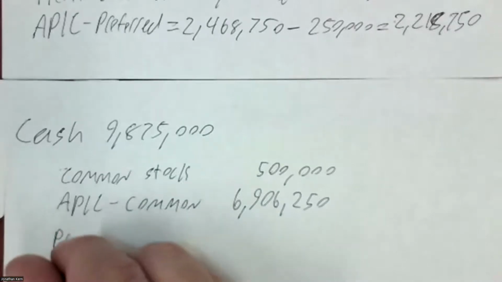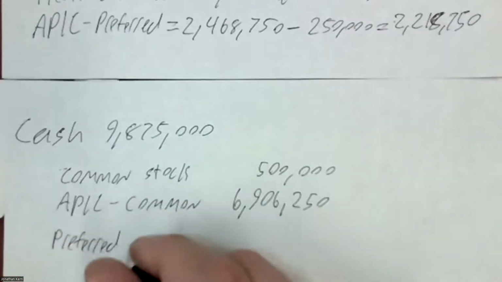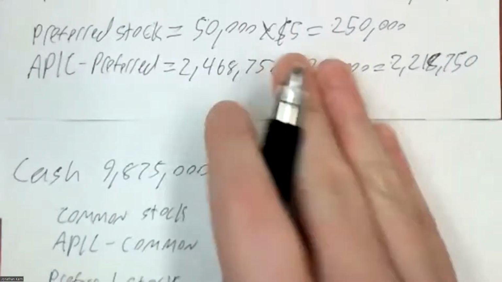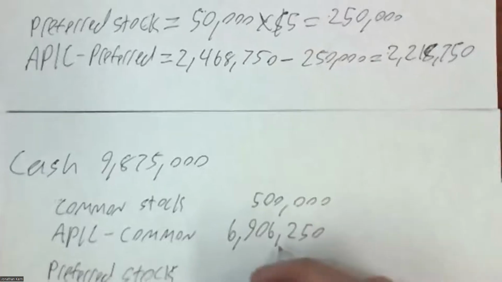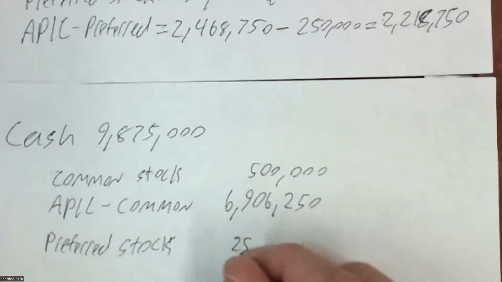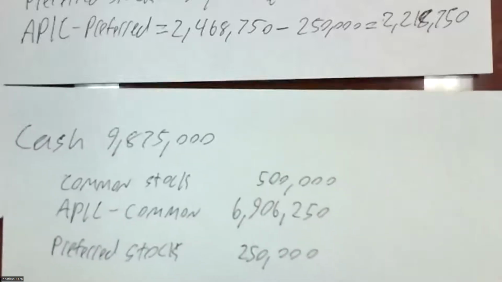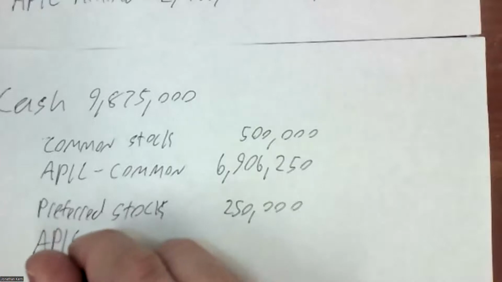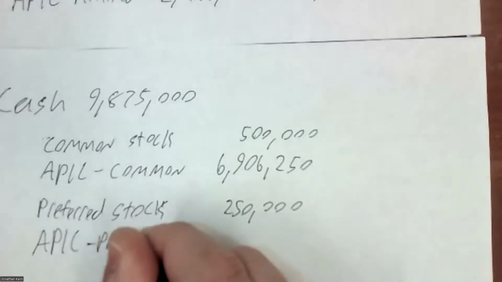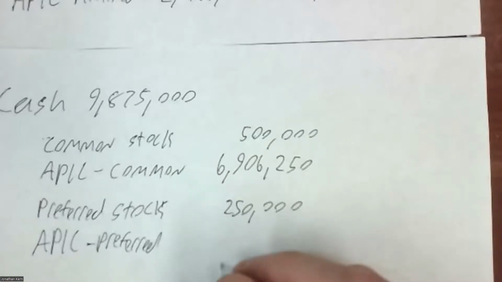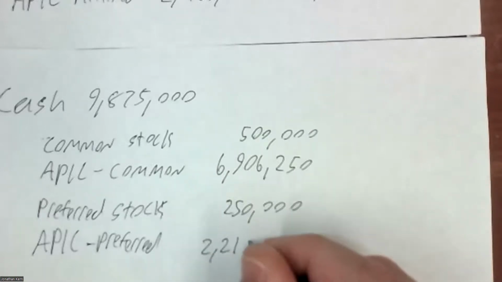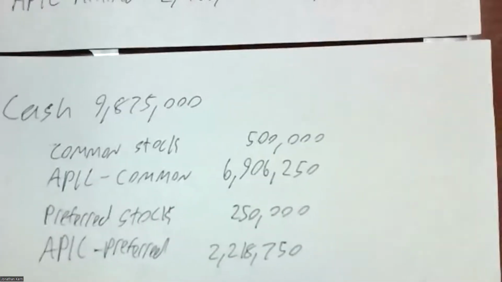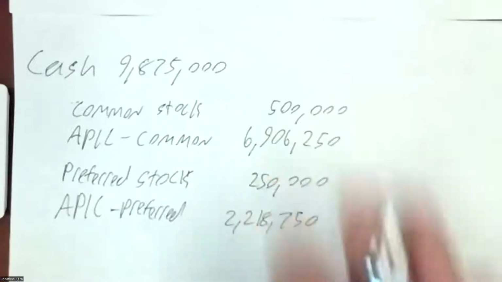We'll credit preferred stock for $250,000. And we will credit APIC preferred for $2,218,750. And that'll be our answer for A.